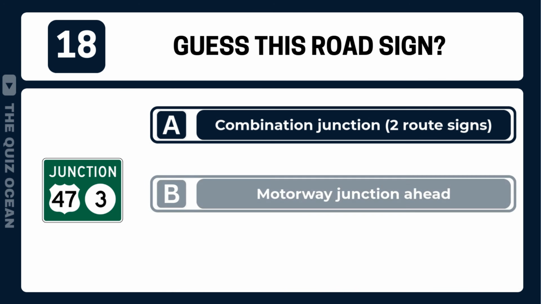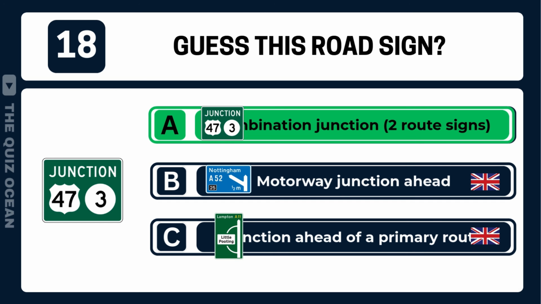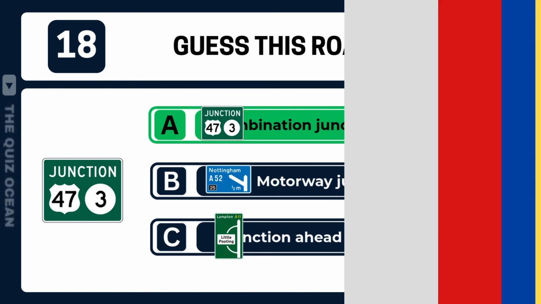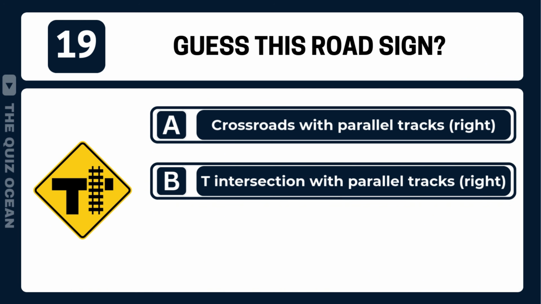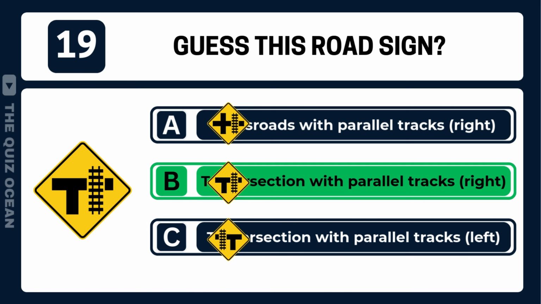Question 18. Guess this road sign. The answer is A. Combination junction, 2 route signs. Question 19. Guess this road sign. The answer is B. T intersection with parallel tracks, right.